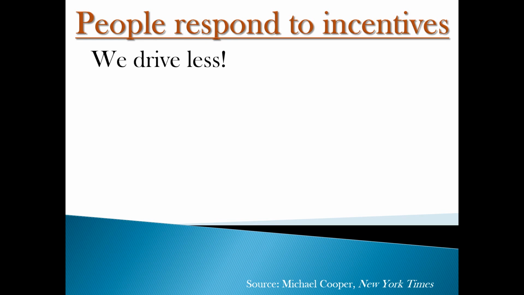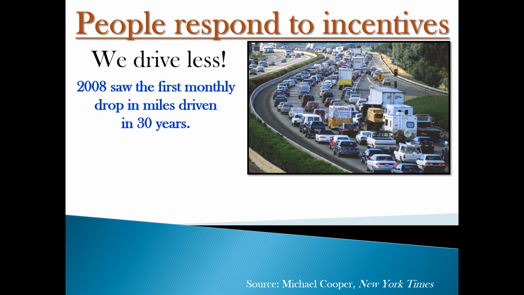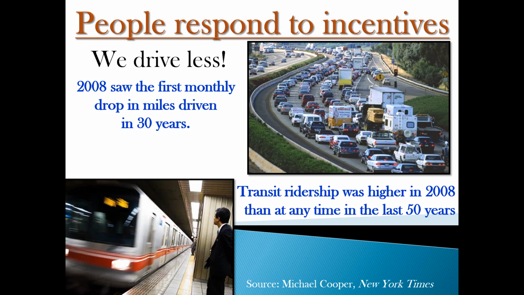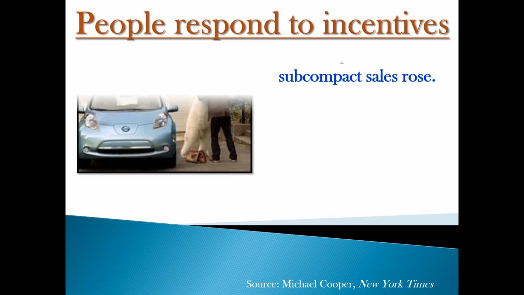We drive less. For example, in 2008, gas prices were really high across the country. They were $4.50, $5 a gallon. Well, guess what? That was also the same year that we saw the first monthly drop in miles driven in 30 years. People were driving less for the first time in a long time. Transit ridership was higher in 2008 than at any time in the last 50 years.